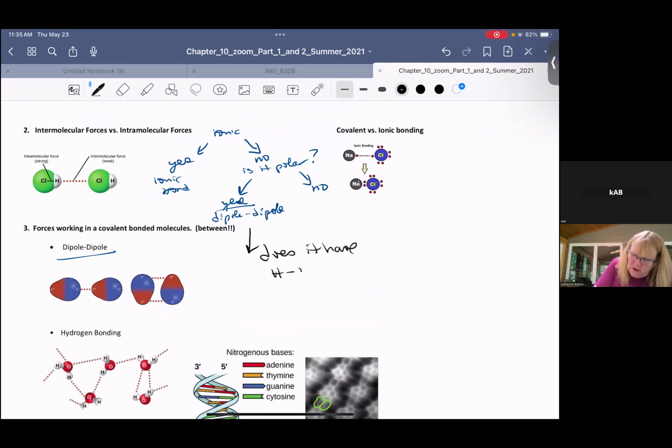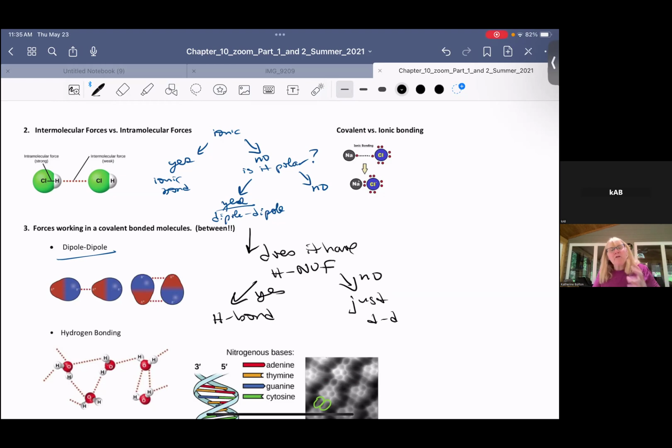If it has HNOF in the molecule, it has a hydrogen attached to a nitrogen, oxygen, or fluorine, it is going to have a special case of our dipole, this is our hydrogen bond, H bond for short, and that would be a yes. If it's a no, it is going to be just dipole. Hydrogen bonding is much stronger, and it has a dramatic effect on our molecules.